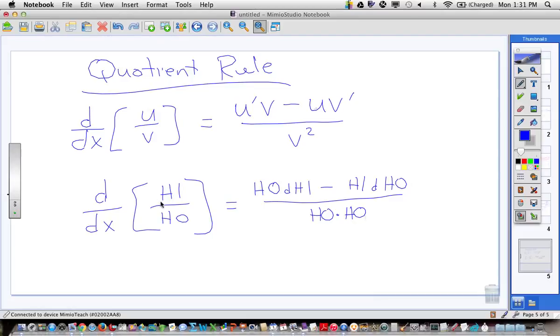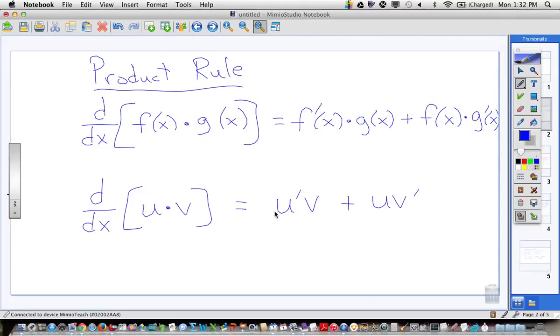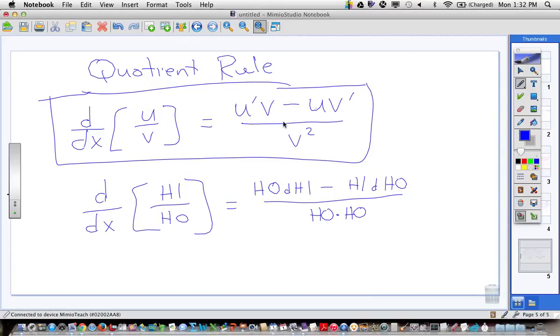This is what I'm saying. But I think over time, I've found that most people just prefer to memorize it. That's fine. You won't hurt my feelings if you don't do the ho-de high minus high-de ho thing. I think it just fits nicely with the product rule. So you'll memorize the product rule this way. All you've got to do is put a minus sign in there, right? But there's another option if you want to do it.